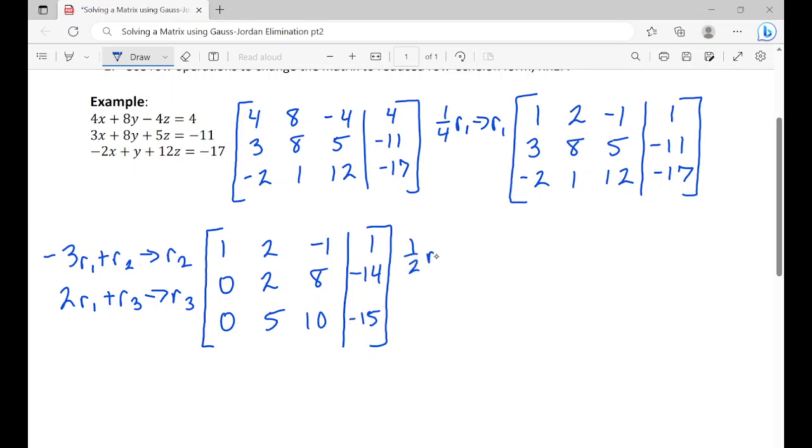So half of row 2 is going to give me a new row 2. Make that look a little bit cleaner. And then a fifth of row 3 for a new row 3. Again, row 1 is not being touched, so we're just going to leave it alone. 1, 2, negative 1, 1.